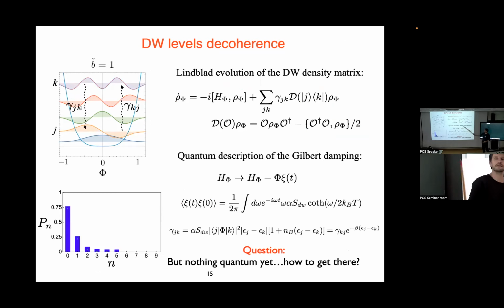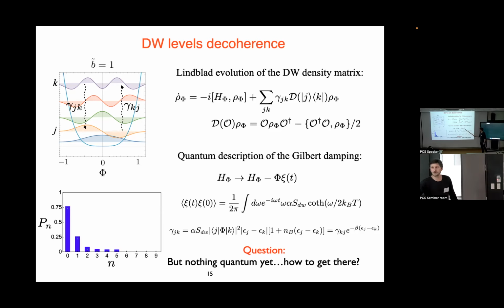Now you can also look at dissipation, which is very important when you talk about quantum effects. For the dissipation, usually what you do is write down a Lindblad equation describing your system. Here H phi is the unitary dynamic part, and gamma jk describes the rates between different levels, j and k, in the domain wall.